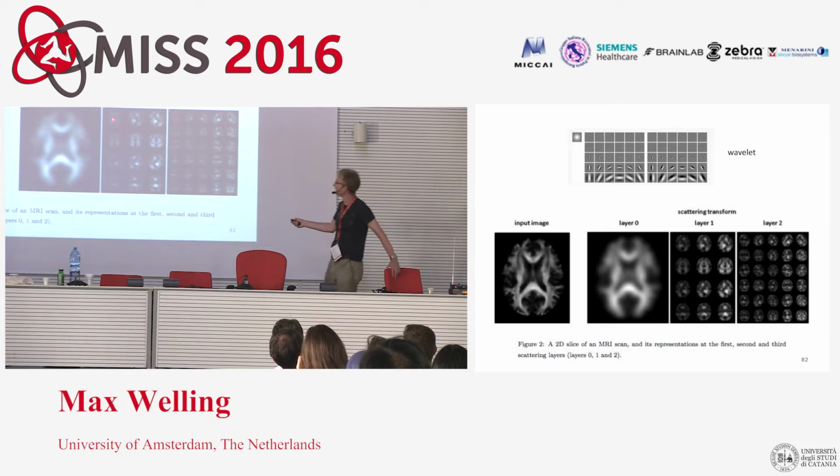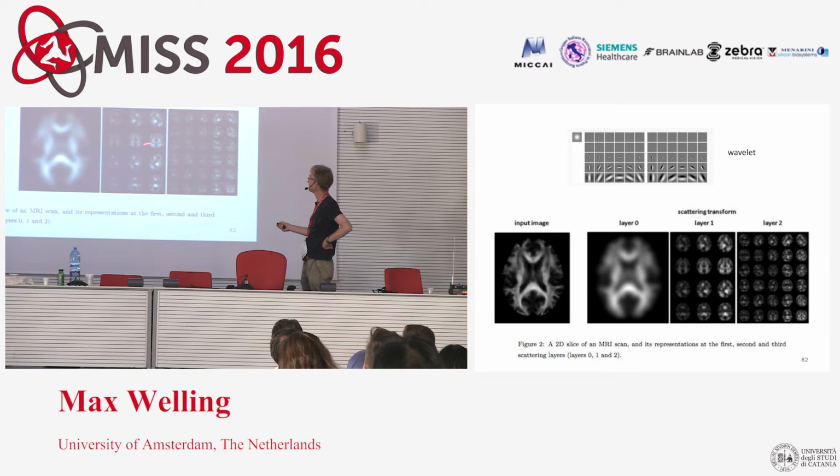And then at the next level, it's much harder to see here. So now for different orientations and different scales, you again do your convolutions and you do your magnitude, and then you get these images, which are now smaller, but now have gradient information at different scales and different orientations. And you keep going.